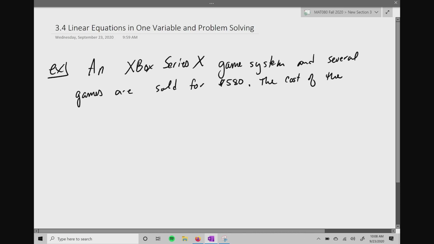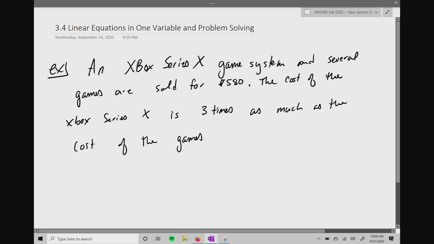The cost of the Xbox Series X is 3 times as much as the cost of the games. Find the cost of each.